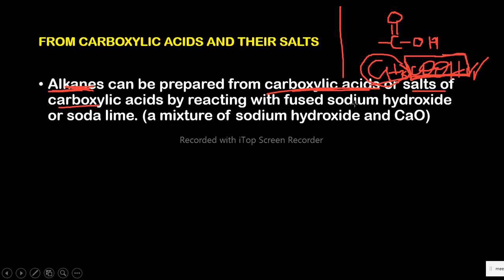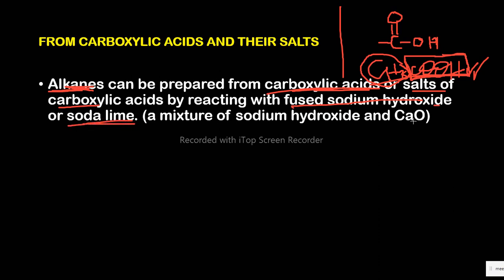And how do we prepare alkanes from carboxylic acids? We react a carboxylic acid with fused sodium hydroxide, not a solution, but fused sodium hydroxide, or you can say soda lime. Now, what is soda lime?